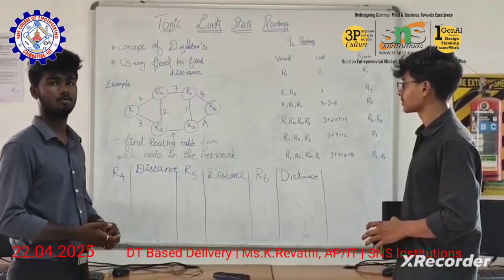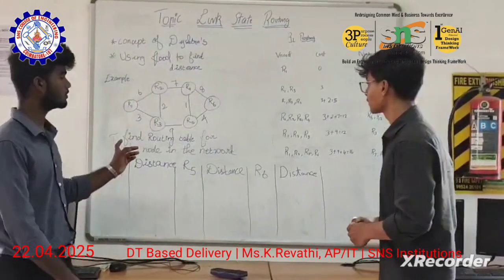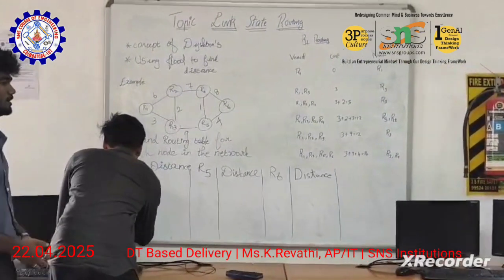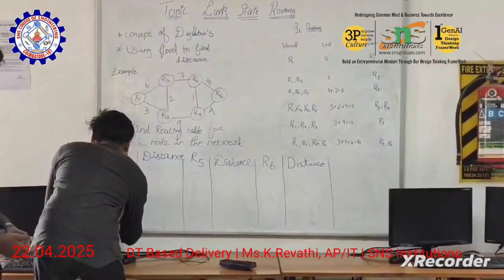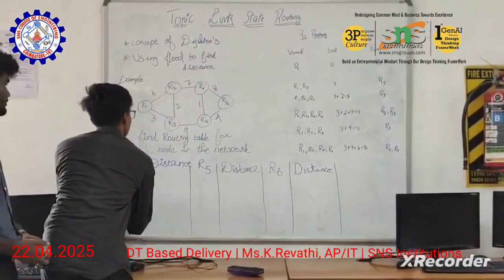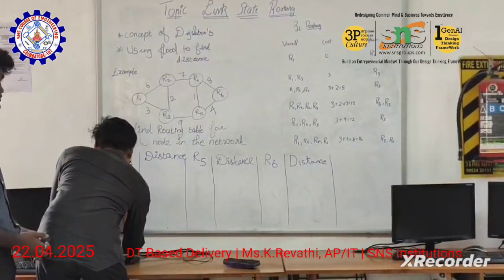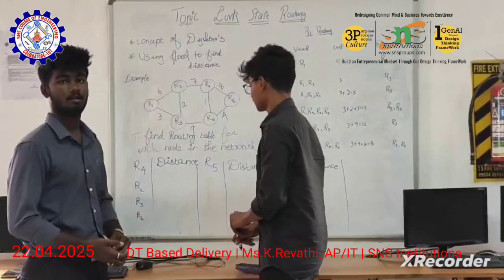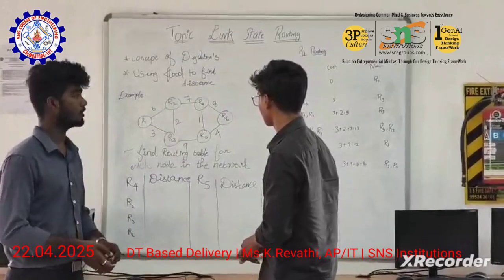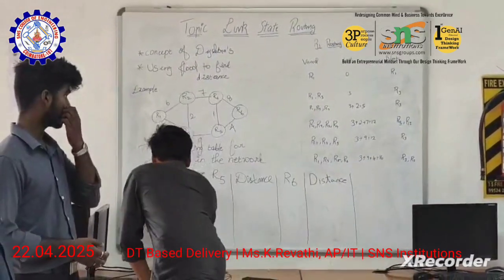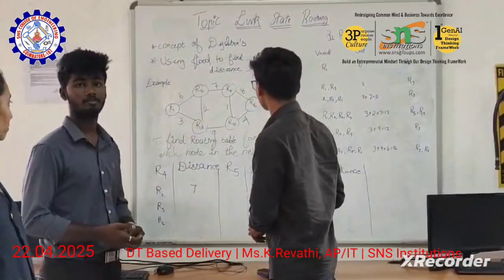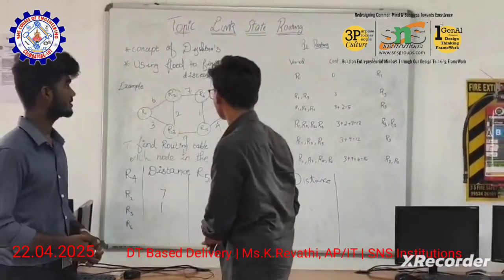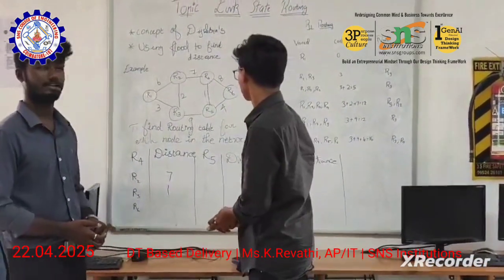The adjacent nodes of R4 are R2, R5 and R6. The distance between R4 and R2 is 7. The distance between R4 and R5 is 1. The distance between R4 and R6 is 8.